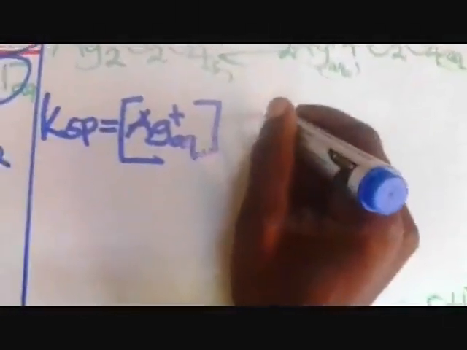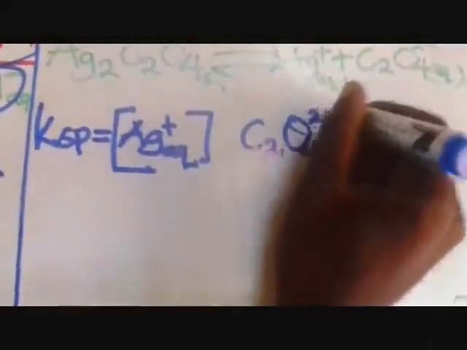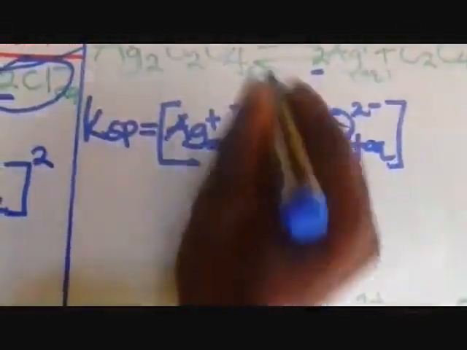But remember, we are using that bracket for concentration. Then times the concentration of oxalate ions, like that. But you have to raise them to appropriate power. There is a 2 here as a coefficient of this, so we put it here as a power. If we had another number, we raise it here, and so on.